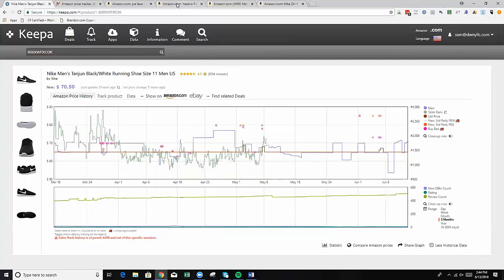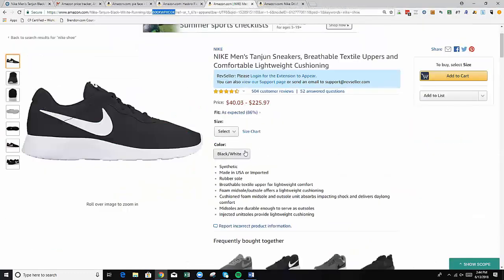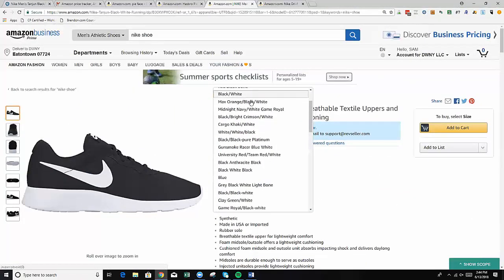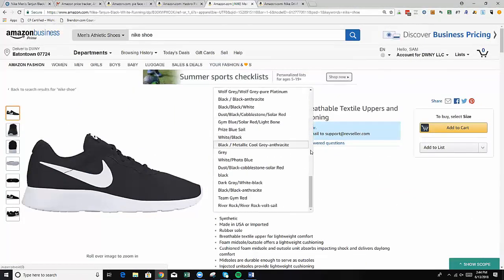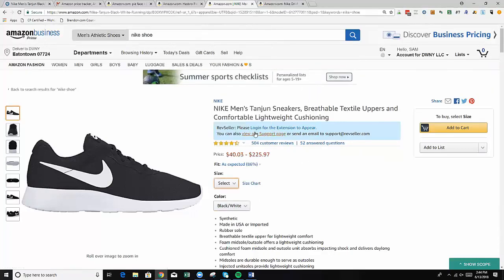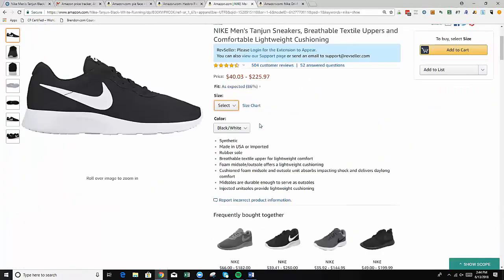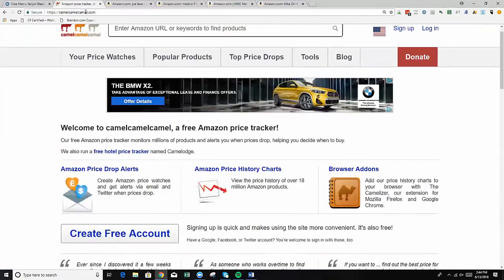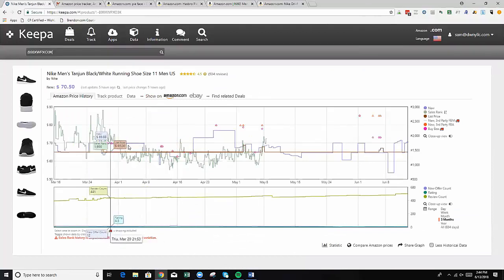But if I look at the Amazon products page, look how many variations there are. All these color variations, and all these sizes. So when you see a rank that's great, you want to make sure that you're actually looking at variations that will sell, because at the end of the day, a rank of 1,200 in shoes is phenomenal.